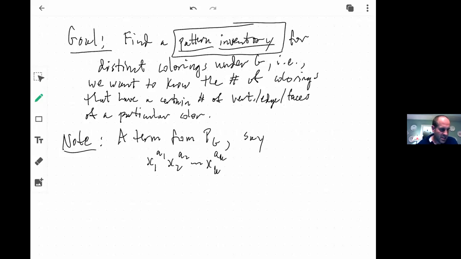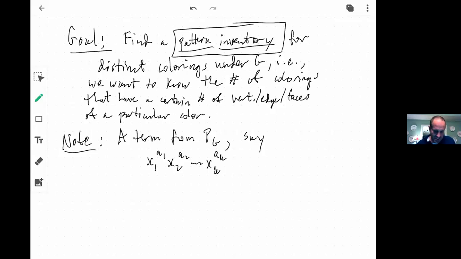Well, it means I have a1 cycles of length 1, I have a2 cycles of length 2, ak cycles of length k, and you actually know the size of the permutation based on the fact that this term is even present in the cycle index polynomial. That means that 1 times a1 plus 2 times a2 plus plus k times ak is the size of the permutation. Yeah?